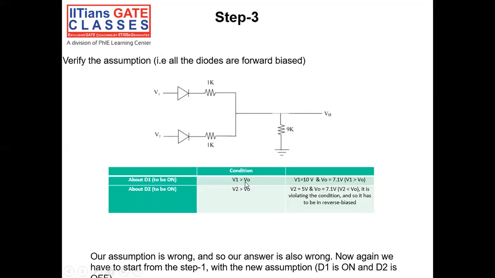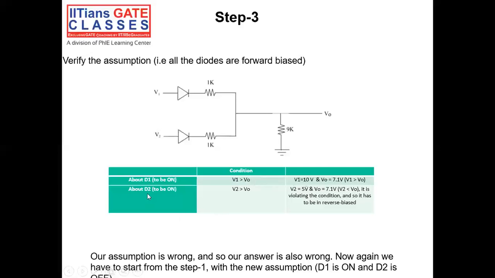Now we'll check whether we are really meeting this condition. V1 is given in the question as 10 volt, and V naught we have calculated as 7.1 volt. With these two values, we can say that V1 is greater than V0, which is the condition for D1 to be on. So we have verified that D1 will be on.